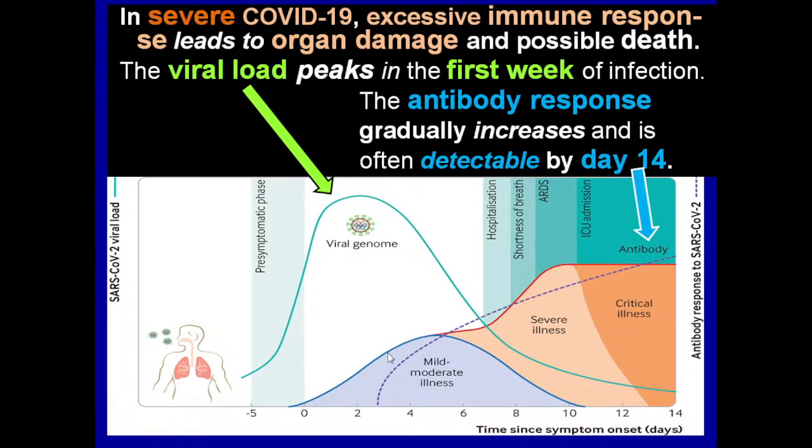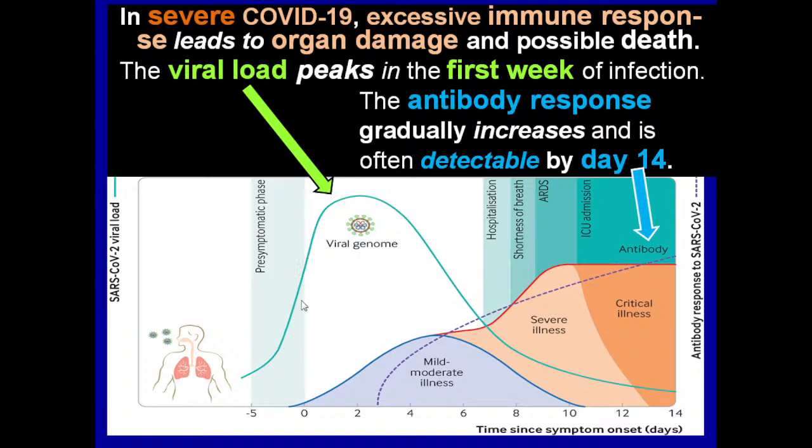It is believed that in severe COVID illness, an excessive immune response is developed. And this, not the virus directly, but the excessive immune response leads to organ damage and even possible death. The viral load peak usually is seen within the first week of the symptomatic infection.